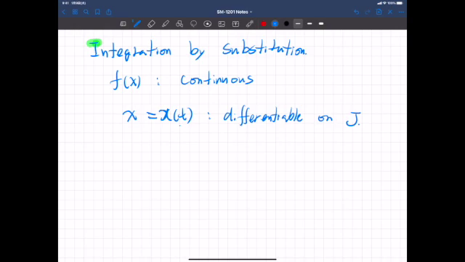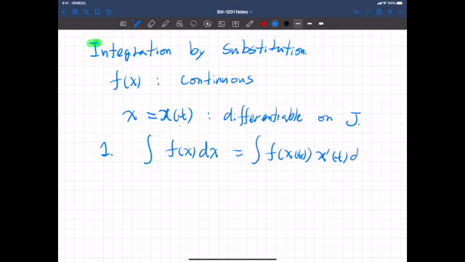Okay, then we have the integral of f of x is equal to the integral of f of x of t times x prime, which is the derivative of x with respect to t, dt. So integrate with respect to t.